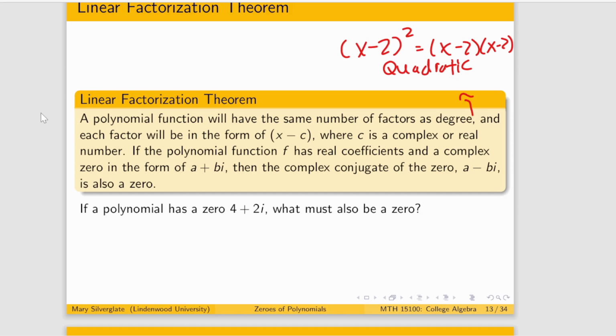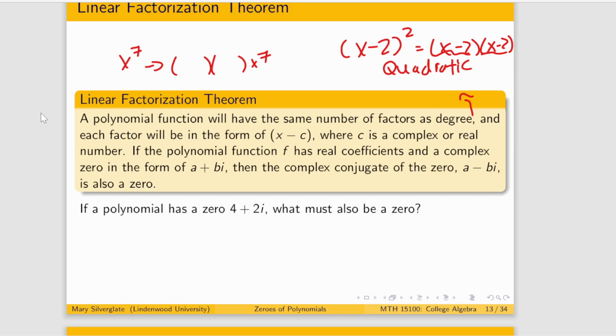So by this, they don't mean that all of those have to be unique factors, but I can eventually break it up into as many parentheses as there are degrees in the polynomial. So for example, with x to the 7th as the highest term, I would expect to have 7 sets of parentheses.